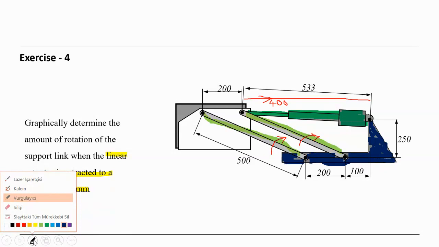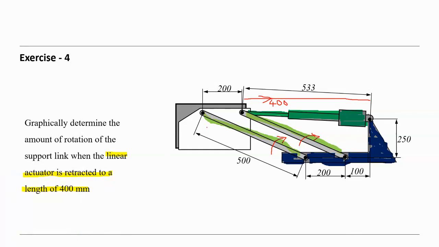You see another member, we don't see that, it is this one here. And it's a parallelogram. That means the distance here, 200, here 200, must also be 200 here. And here we have 500, and here also 500, and here also 500, given already here, 500.